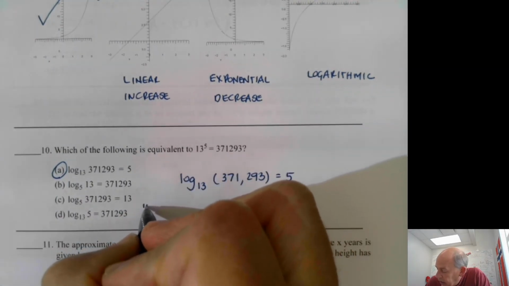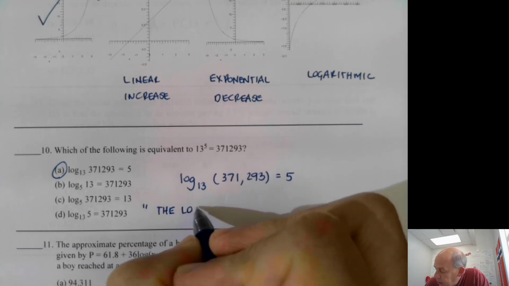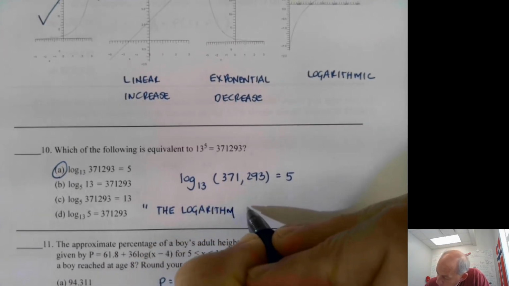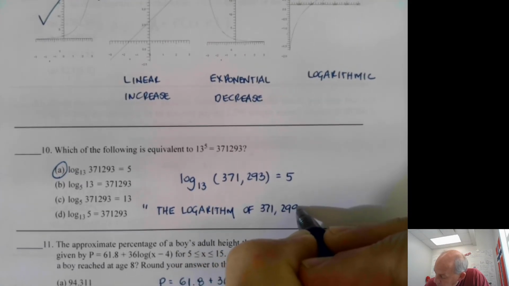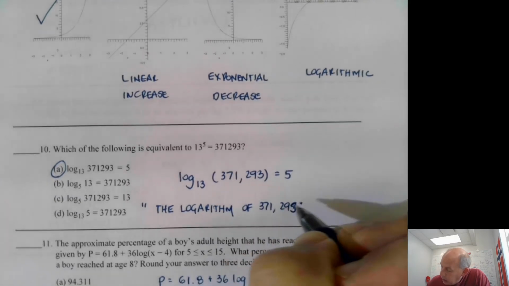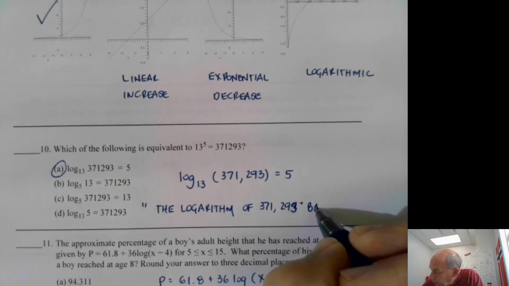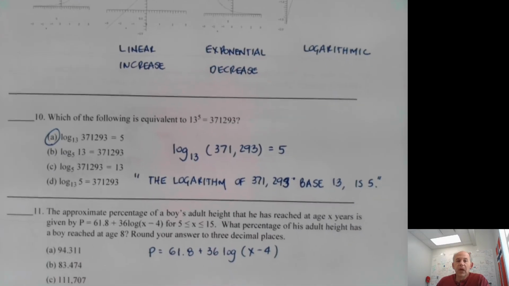Now, in English, another way you could write this out: the logarithm of this big number, 371,293, base 13 is 5.